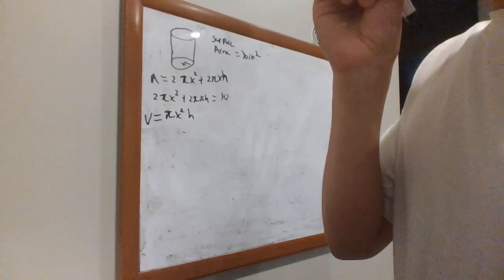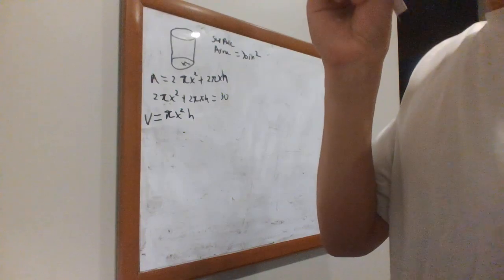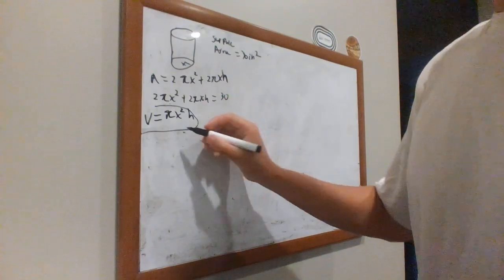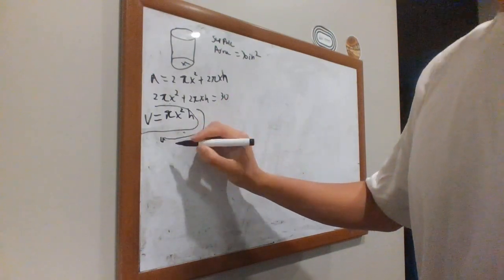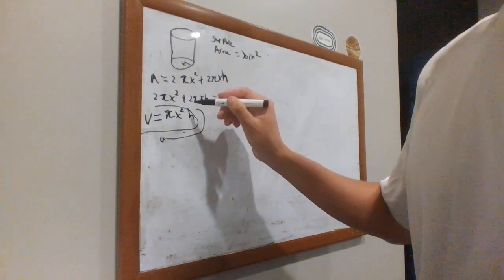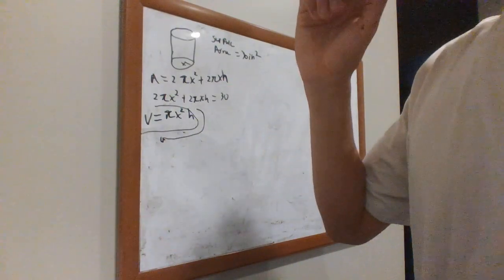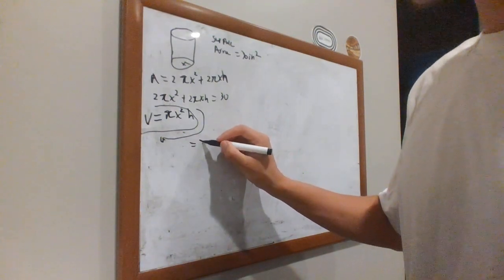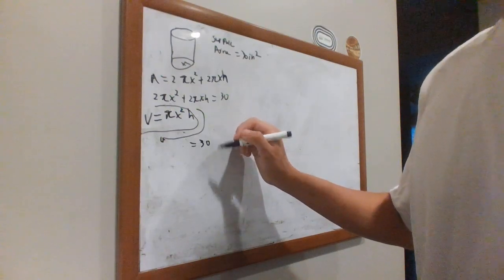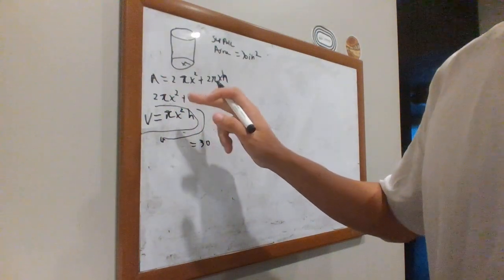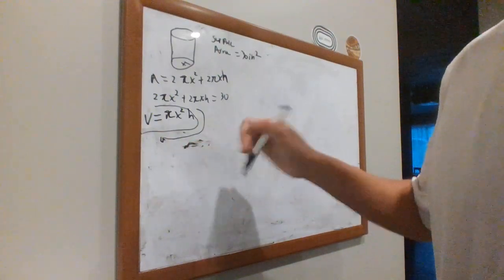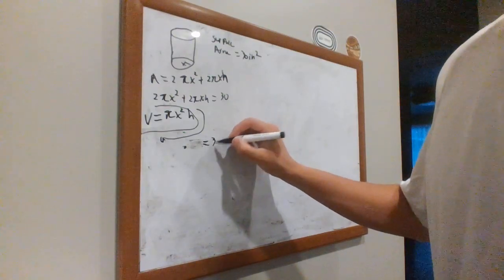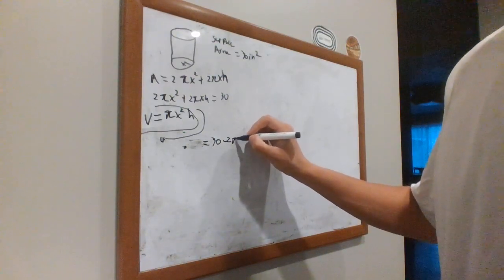Let's first move the 2 pi x squared to the other side to make it a little easier on ourselves.